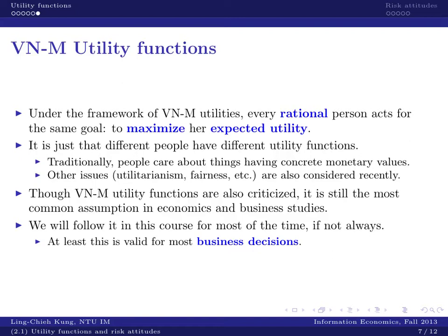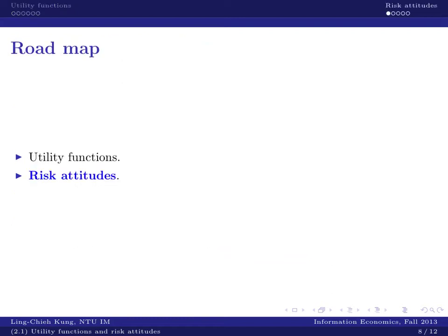Even though an individual person is not completely rational, most of the time a company is indeed, in some sense, rational. They have a clear goal, they want to maximize their profit, and so on. So we're going to stick our attention to von Neumann and Morgenstern utility functions starting from now.